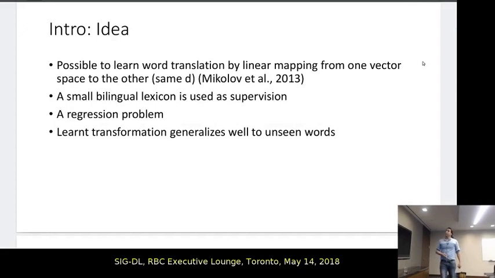Okay, so I talked about the idea. We have a small bilingual lexicon, so we have a very limited number of seen instances. The problem is a regression problem, obviously. You don't want to classify anything. You want to go from one embedding to the other, generating the embedding in the target language as close as possible to the embedding of the actual word in that language.